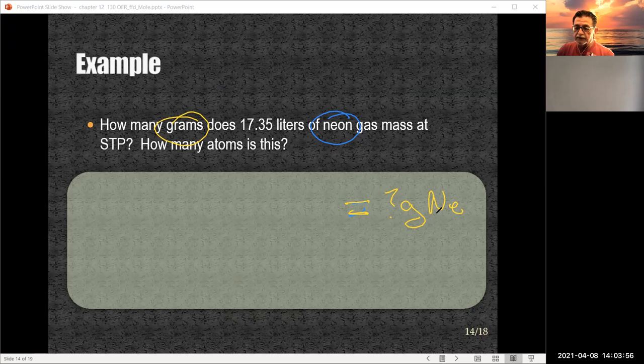I write it down because that helps me keep track of where I need to be and I don't get lost with direction. If I'm given 17.35 liters of neon gas, I can write that down.